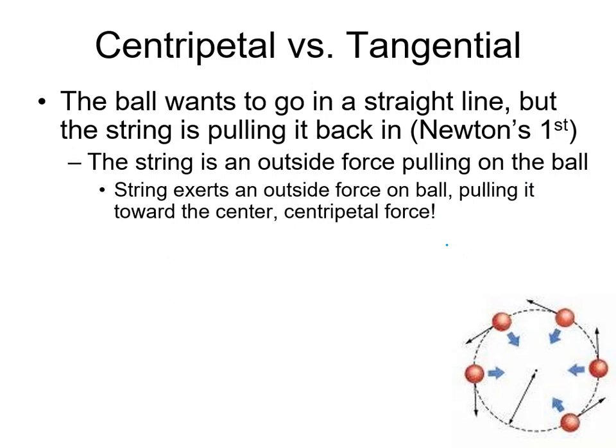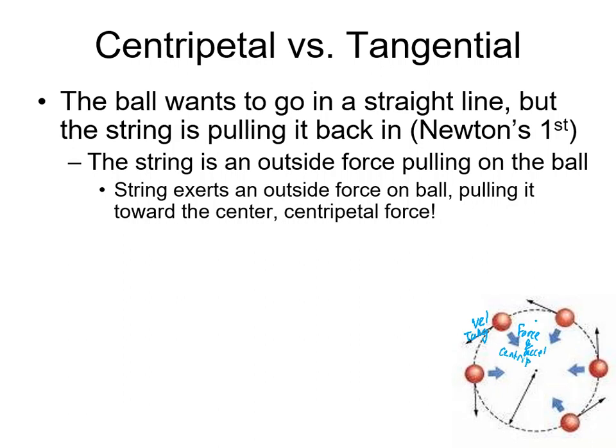So here we have the velocity, which is tangential, making sure that we understand tangential. And then this guy here is the force as well as acceleration. Force and acceleration. And this is centripetal.